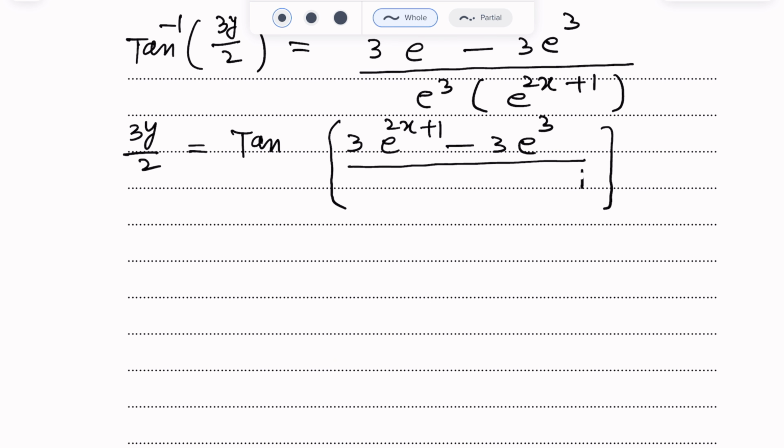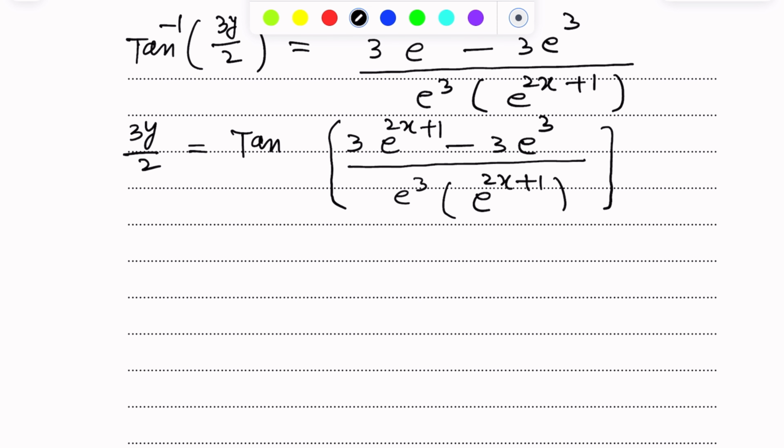There is a little mistake. 3y over 2 is equal to tan of 3 e power 2x plus 1 minus 3 e3, and in the denominator there is e3 into e power 2x plus 1.